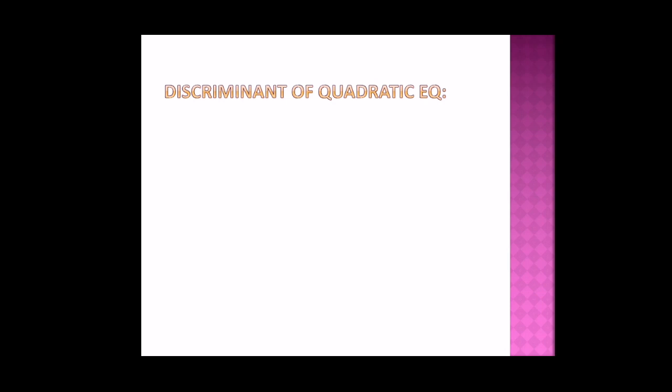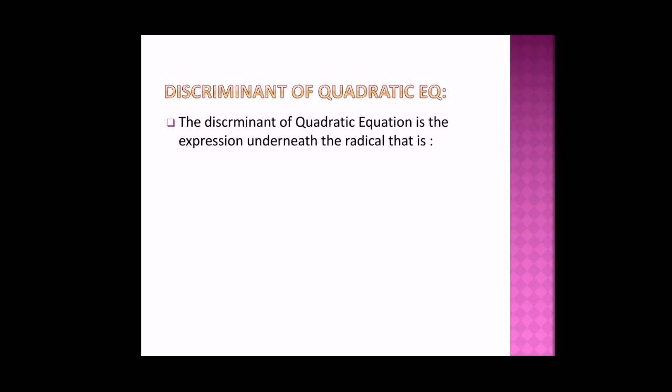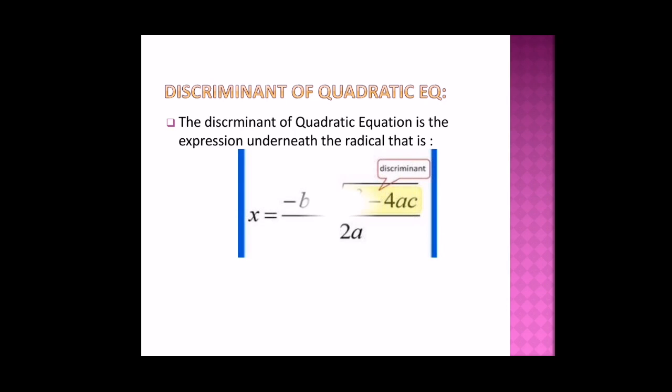The discriminant of quadratic equation is the expression underneath the radical sign within the quadratic formula. As all of you have studied the quadratic formula and know what the expression underneath the radical sign is, it's b square minus 4ac.